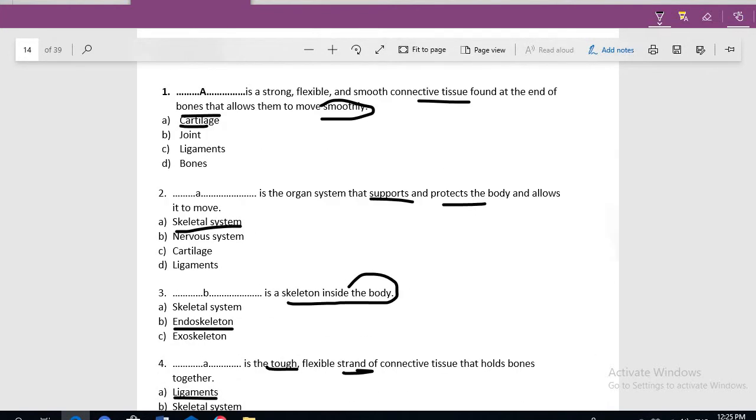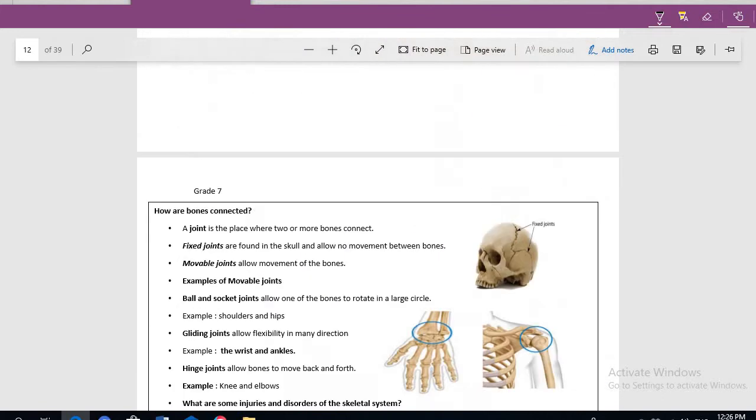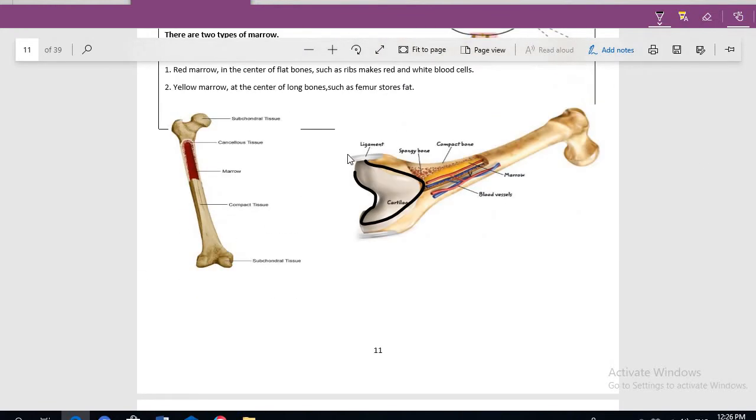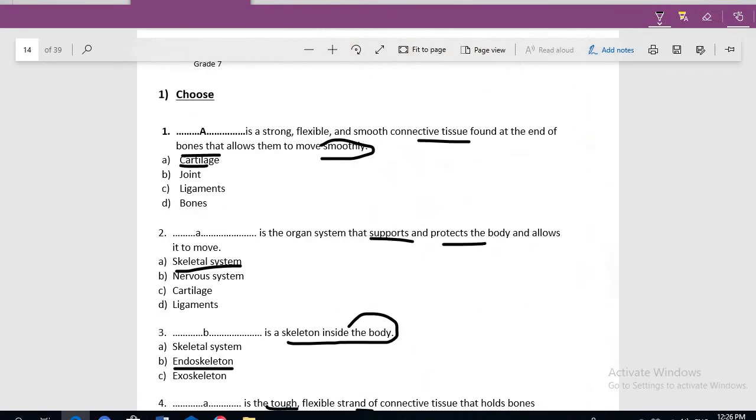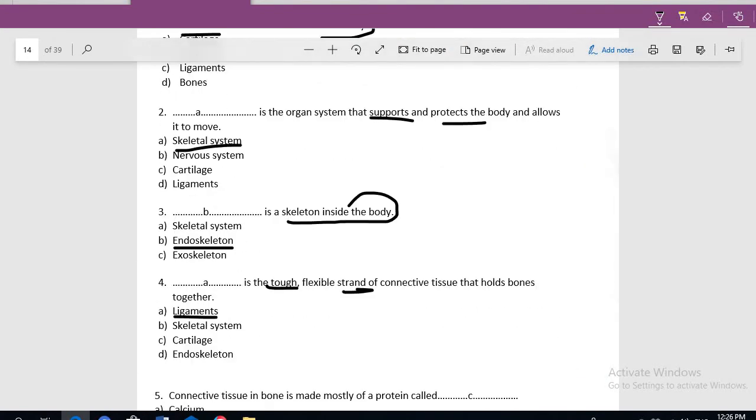Cartilage is a strong, flexible, and smooth connective tissue, while ligaments are a tough, flexible strand. This is called ligaments. Look, this one. Strand, flexible strand, while cartilage is flexible, strong, and smooth connective tissue.